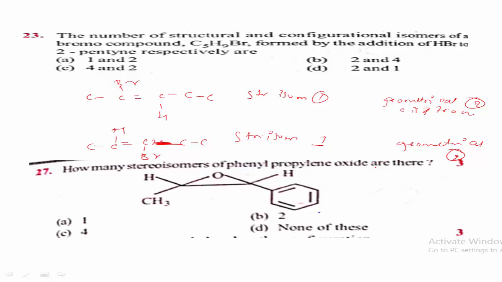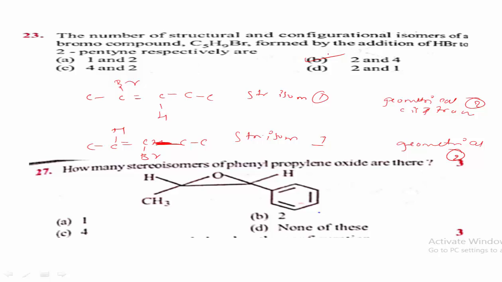Therefore, total 4 geometrical isomers and 2 structural isomers. Where is the answer in the given options? 2 structural isomers and 4 geometrical isomers. Therefore, option B is the right answer.